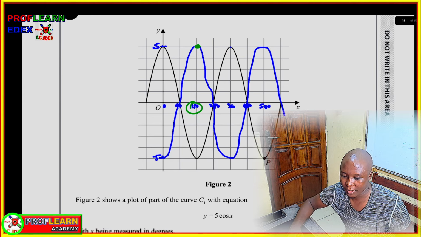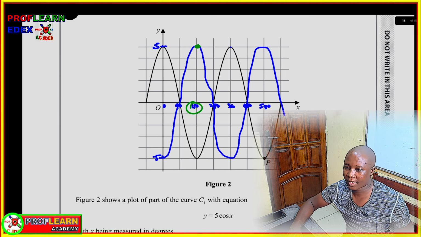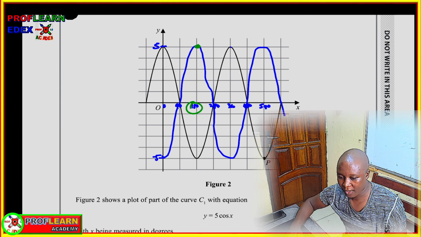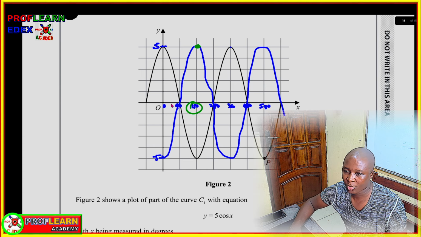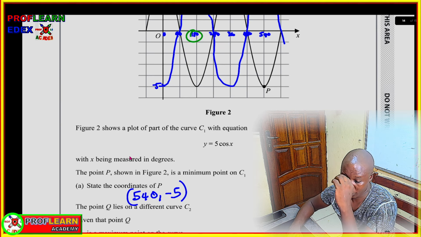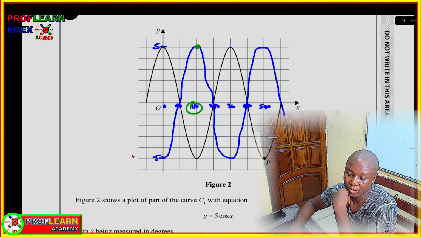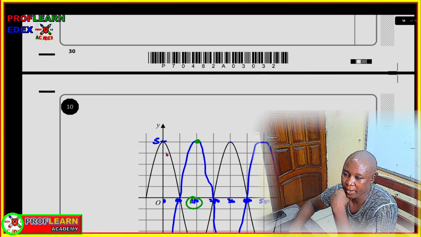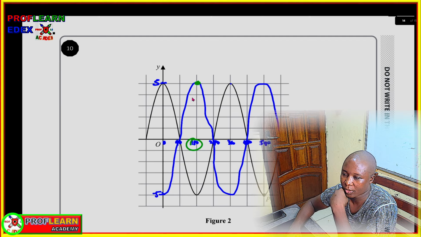The last question I have for you here is this kind of graph, a trigonometric function, and you are supposed to answer questions on it. State the coordinate of P. Remember, this is the cosine graph, so a cosine graph has a period of 360.